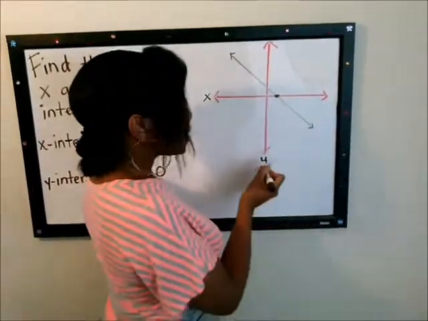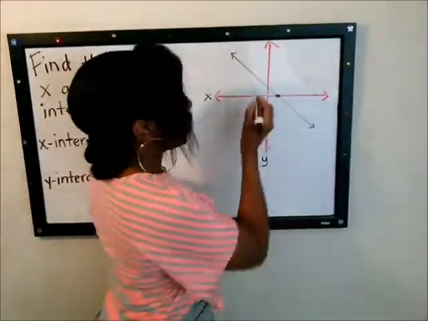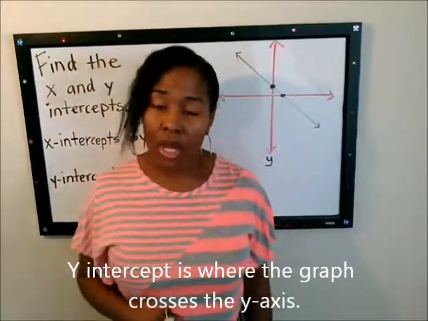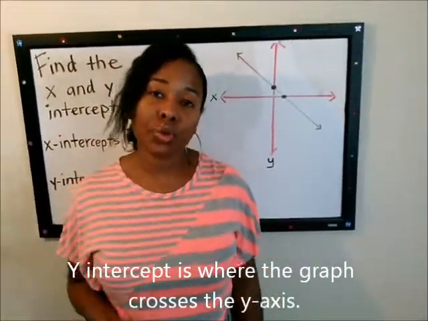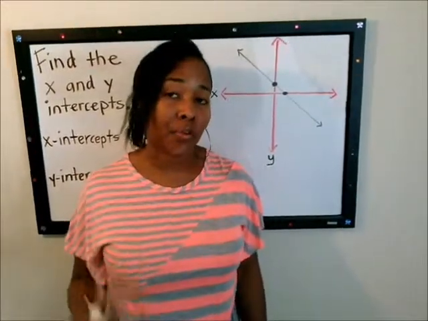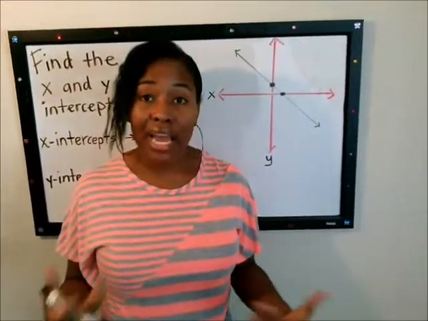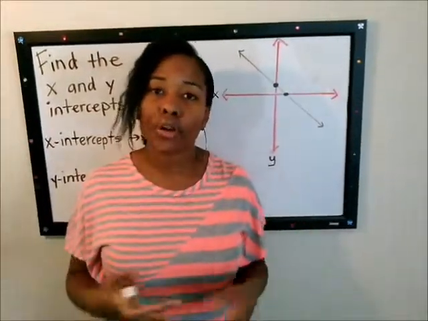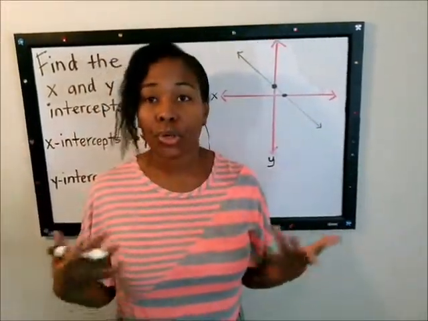Since this is my y-axis, right here is the y-intercept. What we are going to learn to do is look at a standard form linear equation and use our algebraic skills, our brains, to figure out what these actual values or numbers are.